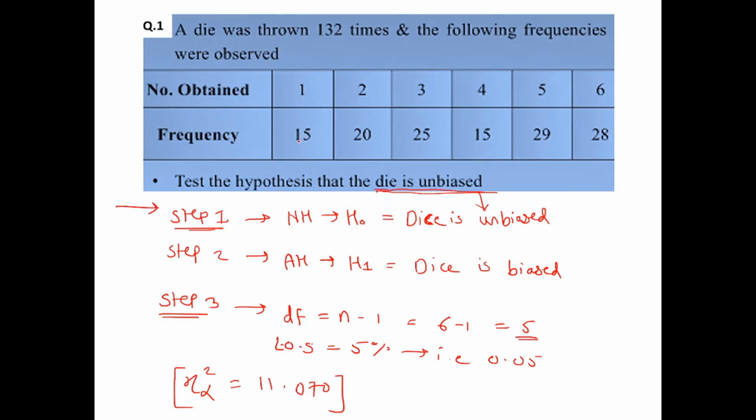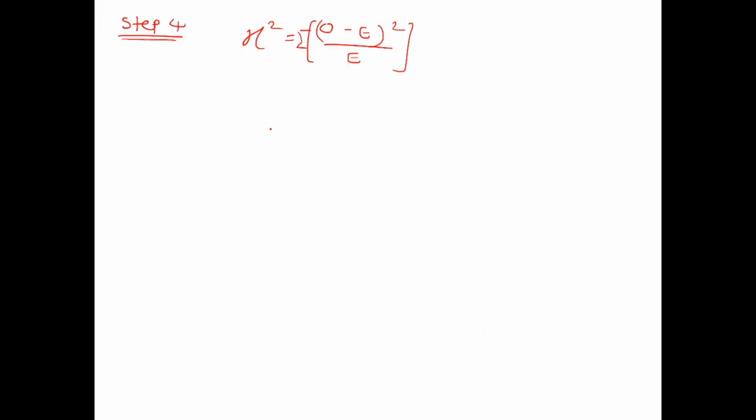The expected value will be 15 plus 20 plus 25 plus 15 plus 29 plus 28 divided by 6. So the average value of this frequency will tell us the expected value. So E is equal to 15 plus 20 plus 25 plus 15 plus 29 plus 28 divided by 6. This is equal to 22.